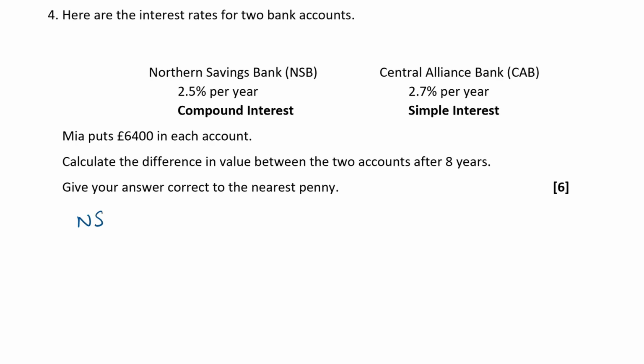So let's start off with the Northern Saving Bank, NSB. So working out compound interest, the final amount is going to be the original amount times the multiplier raised to the power of the number of years. That's the formula for compound interest. So what is the final is what we want to find, isn't it?